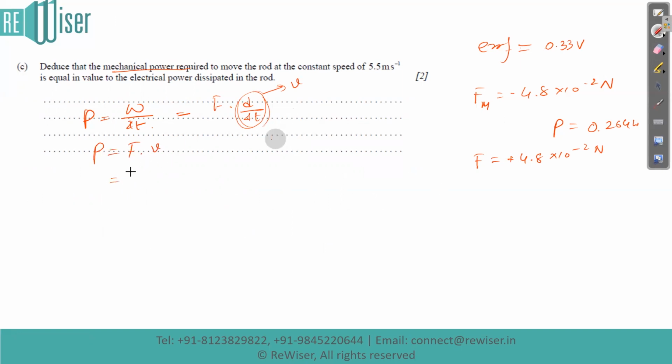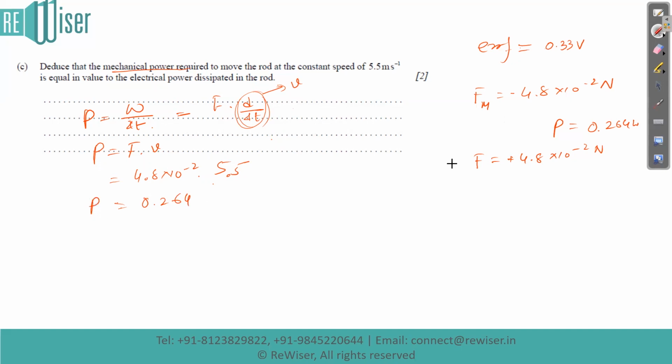Now what is F? Required is 4.8 into 10 to the power minus 2 newtons into velocity 5.5, isn't it? 0.048 into 5.5 is going to give you 0.264.